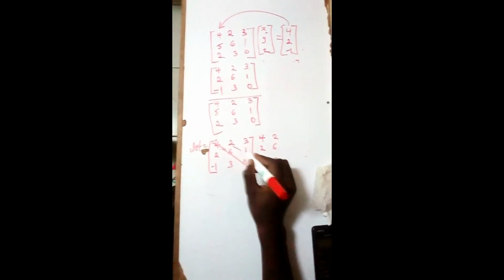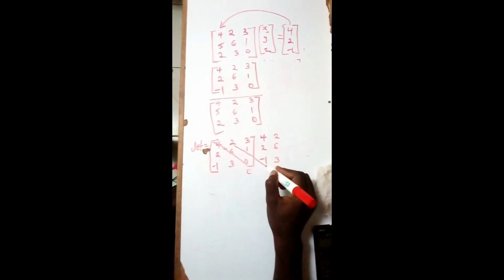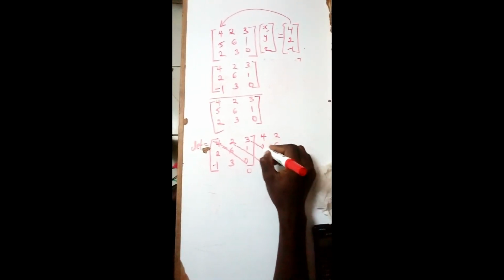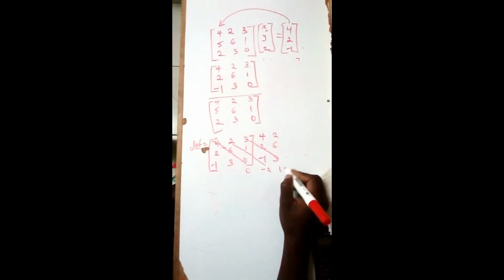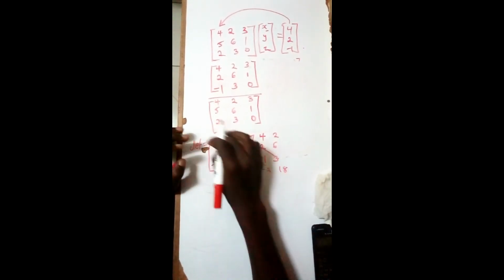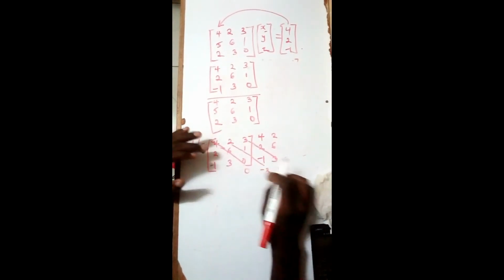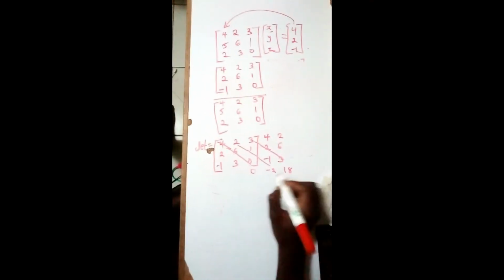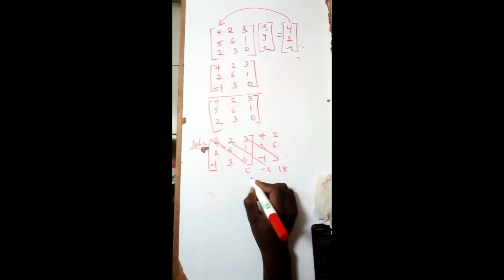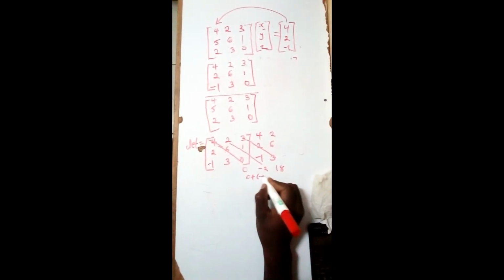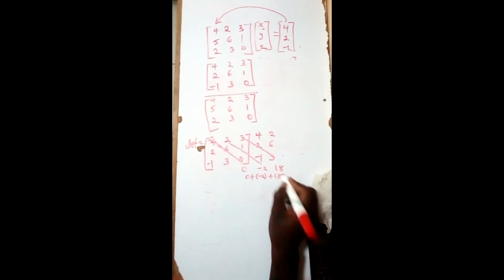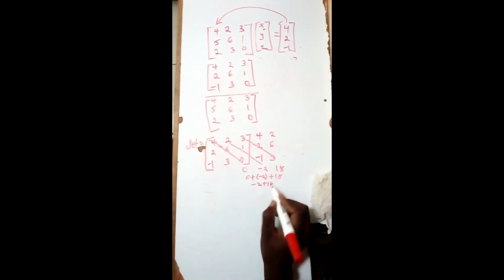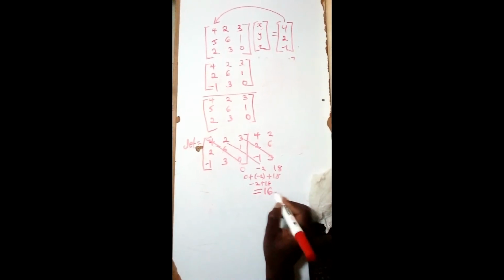Then 2 multiplied by 1 multiplied by -2 is -2. Then 3 multiplied by 2 by 3 is 18. This is our principal diagonal. We add 0 plus -2 plus 18, which is 16.